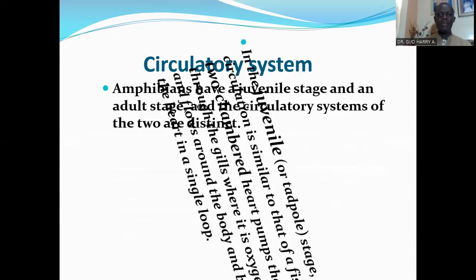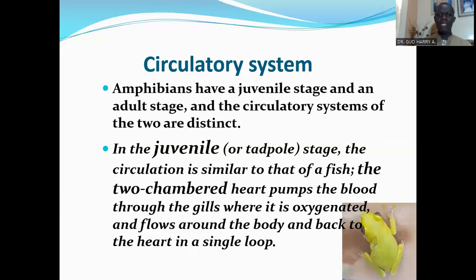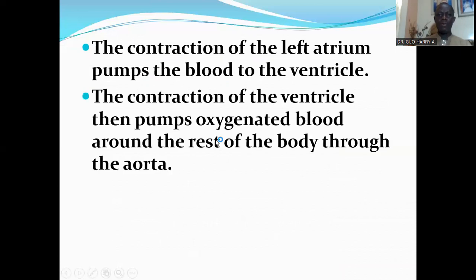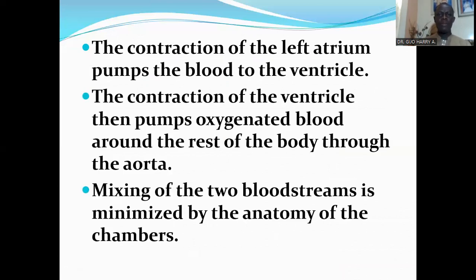But in adults, the circulatory system has an improvement. The adults have a 3-chambered heart, consisting of 2 atria and 1 ventricle.